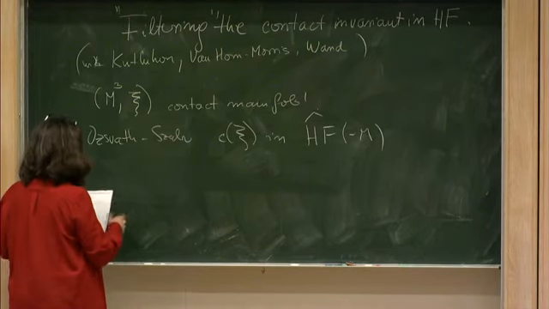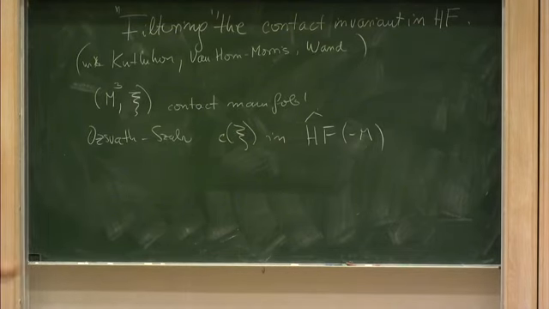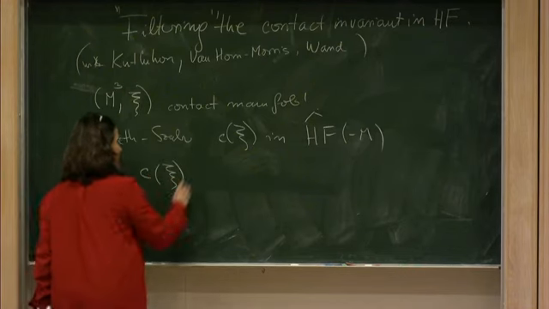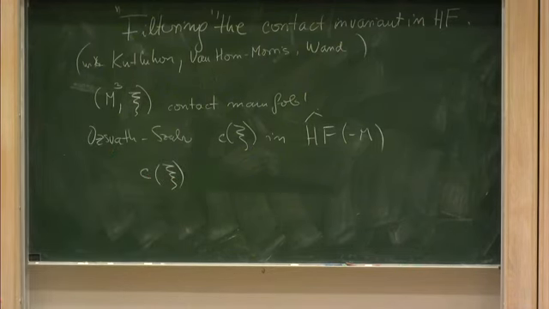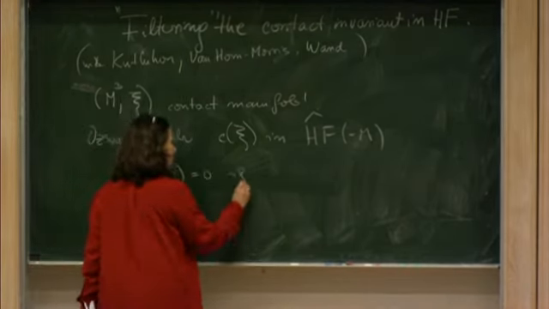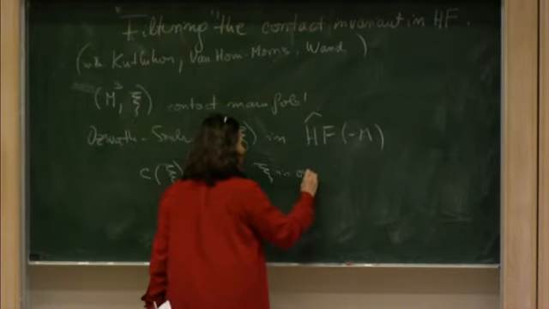I first want to say just a couple of properties of this invariant. As in the case of the instanton invariant, c of Xi is 0 if Xi is overtwisted.